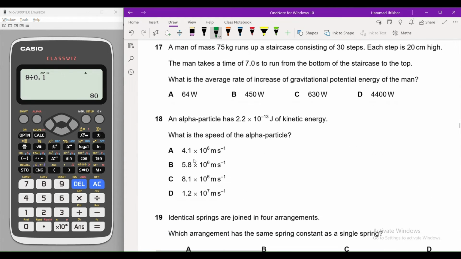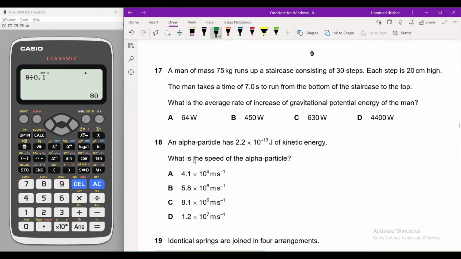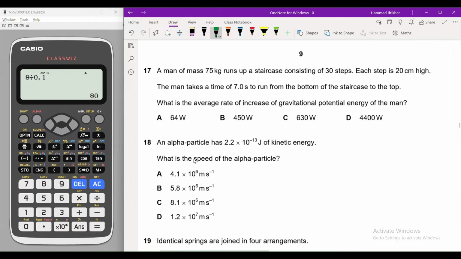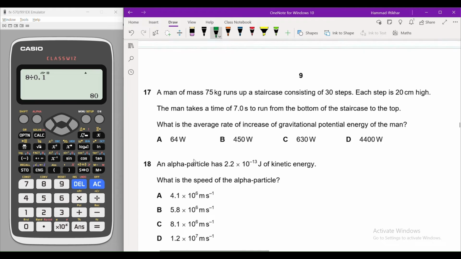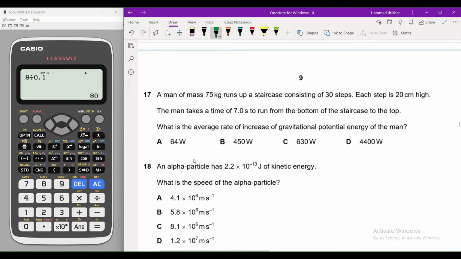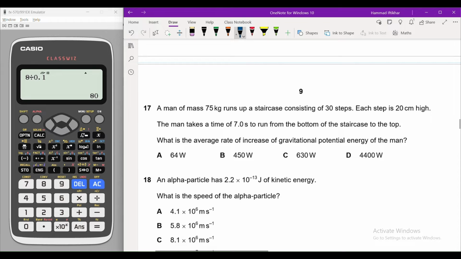Okay, right. A man of mass 75 kg runs up a staircase consisting of 30 steps. Each step is 20 centimeters high. The man takes time 7 seconds to run from the bottom of the staircase to the top. What is the average rate of increase of gravitational potential energy of the man? Okay, so we basically need to see what is the total change in gravitational potential energy divided by the time.